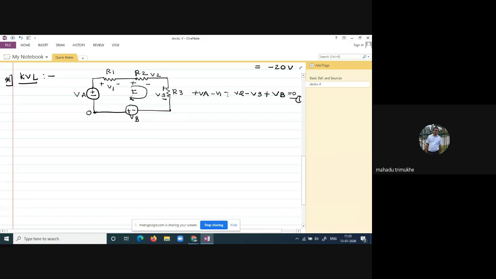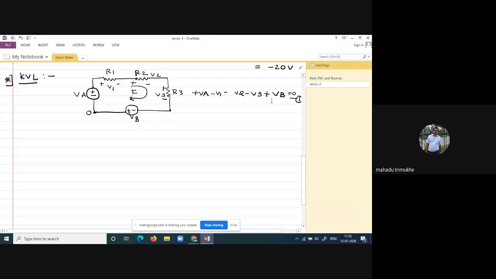It's minus V1, minus V2, and minus V3. VB is what? VB is from negative to positive. That's why we have considered VB here as positive.